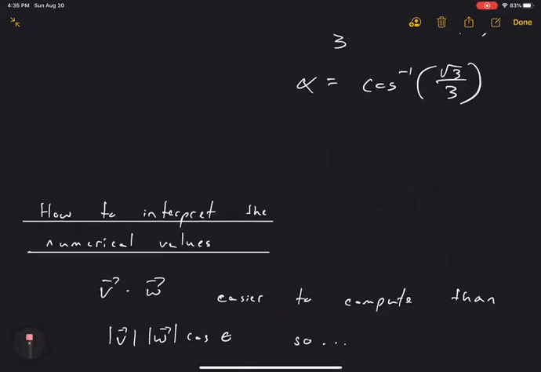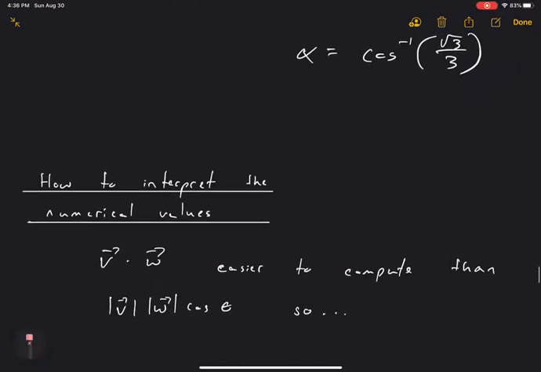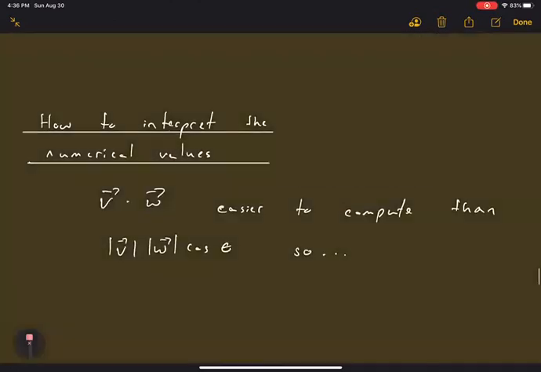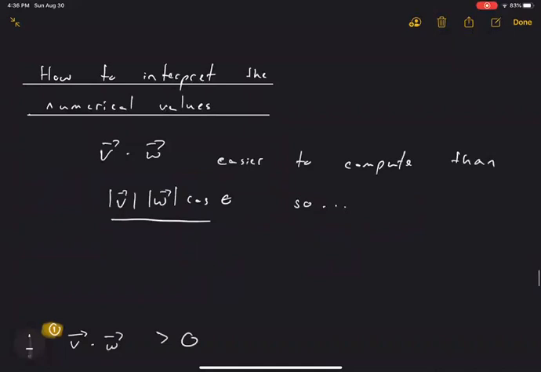Let's assume I have two vectors and I take their dot product. Usually the dot product is a lot easier to compute than just this thing here. So for example, if I have 7, 1, 4, and 2, 5, 6. Finding this dot product is pretty easy, right?